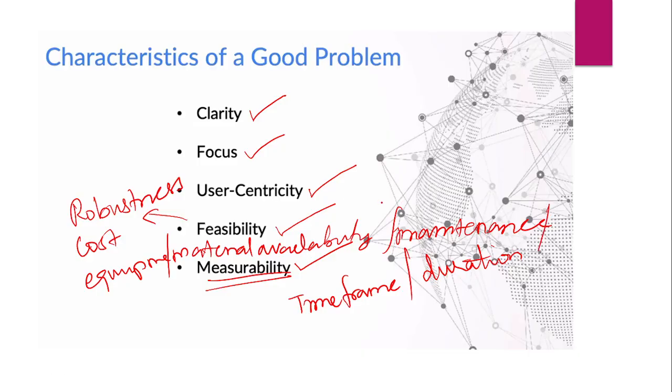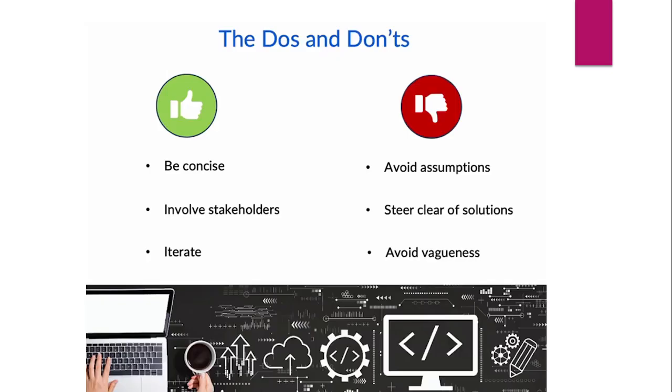So these are the things you have to take care of for feasibility. And the next one is measurability. So these are the things you need to take care of, the do's and don'ts.